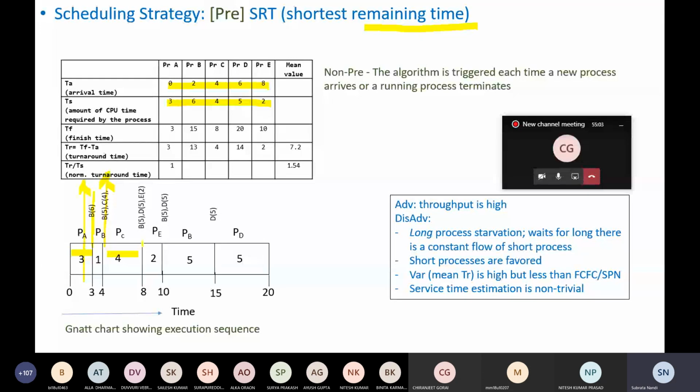At time equals 8, what happens? By this time B, D and E are ready, and definitely E has the shortest time, so E got scheduled here. After that B and D both have the same remaining service time, so either can be scheduled.